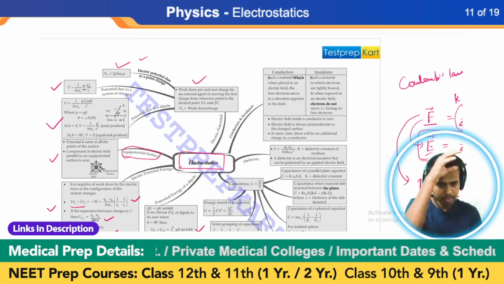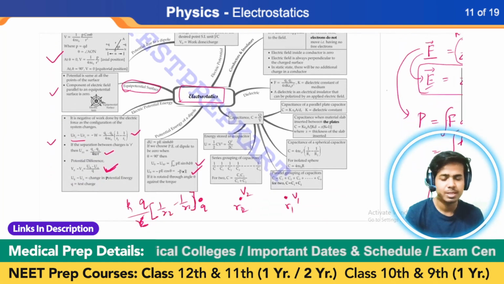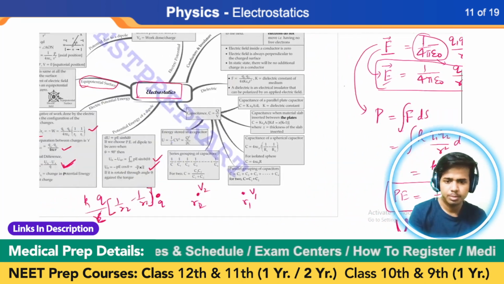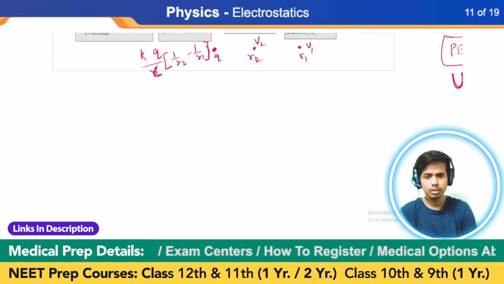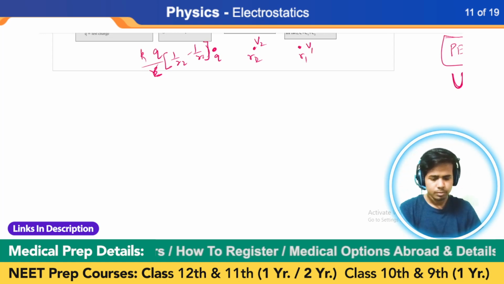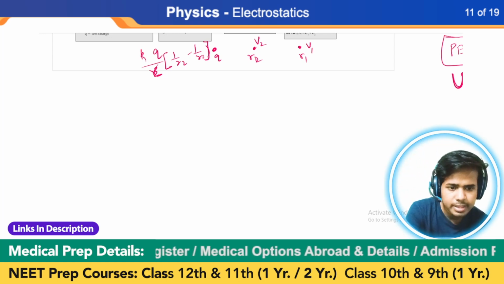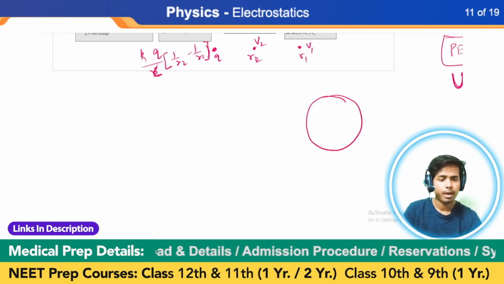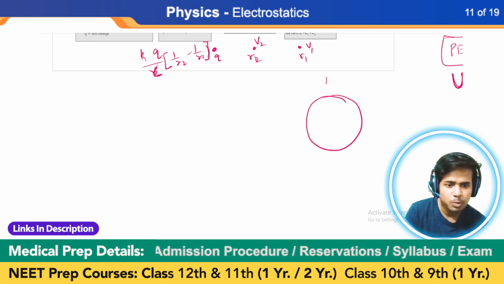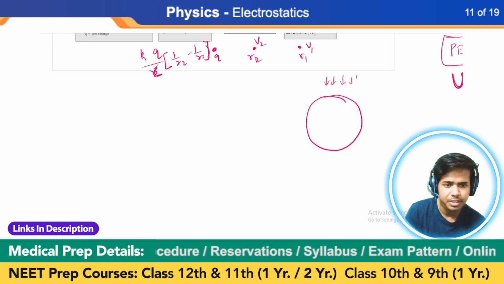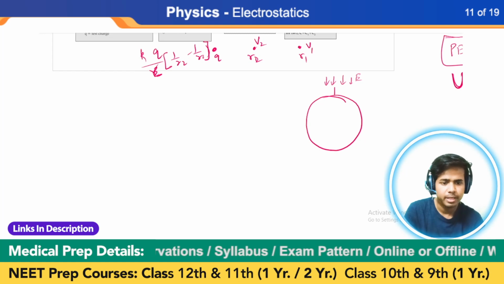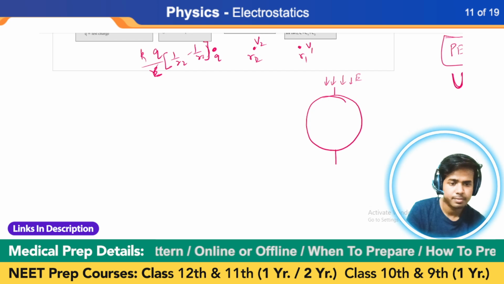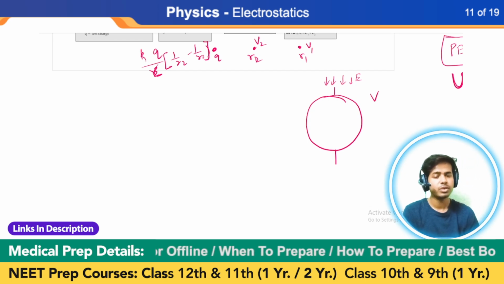Now coming to the second part of this chapter, which is about capacitors. Let's say we have a shell, and we provide some electric field into it, or maybe connect it to a wire and connect it to some potential difference of V. What is going to happen?